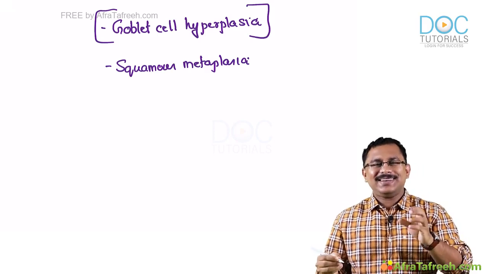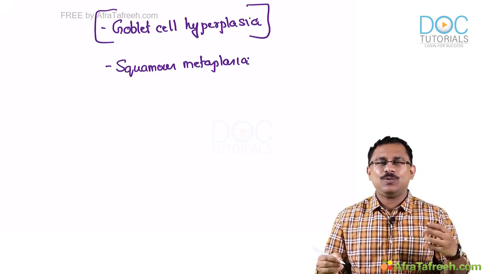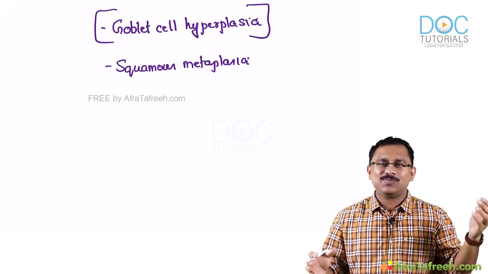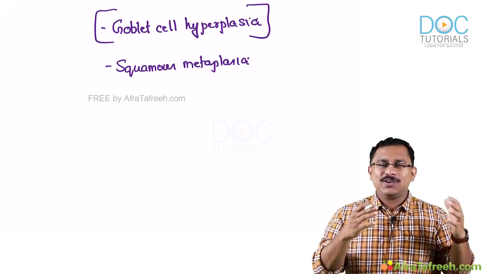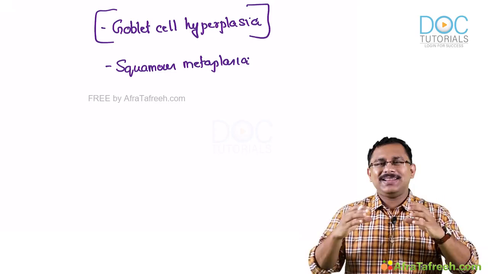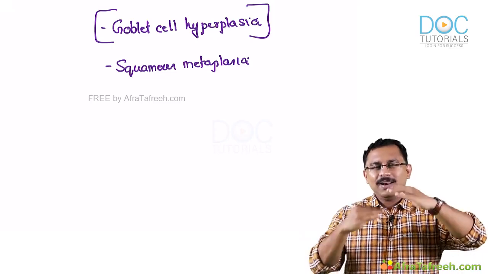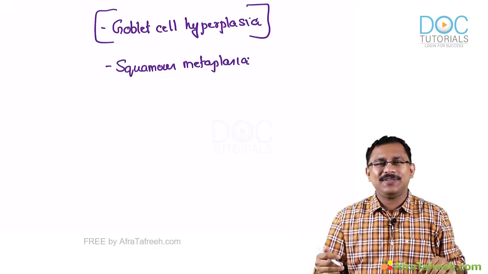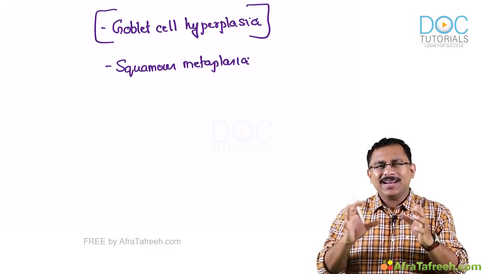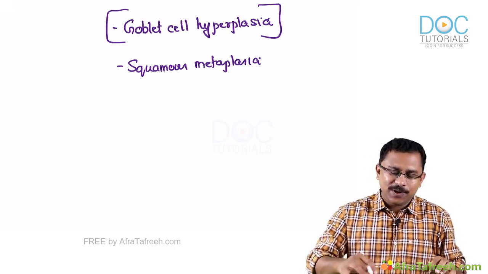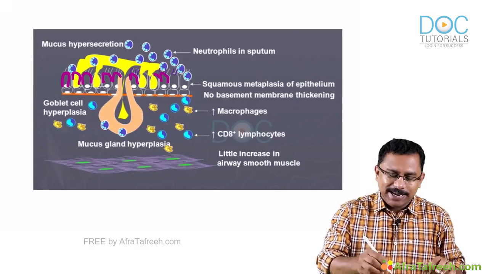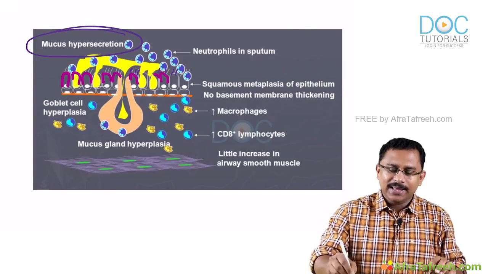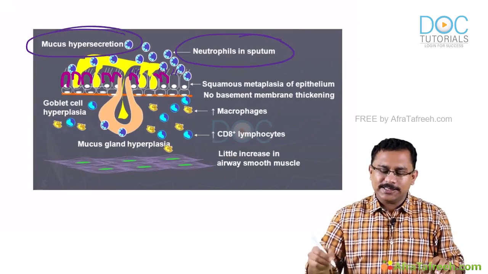But remember that the basement membrane will not be thickened. In your asthma module, I told you that the basement membrane thickening will be there, and there will be an increase in the smooth muscles of the airway, but here none of those changes are happening. It's predominantly a mucus hypersecretion, and there will be excess neutrophils in the sputum.